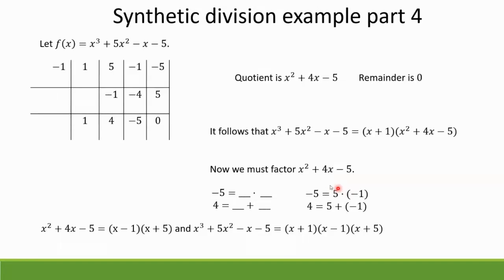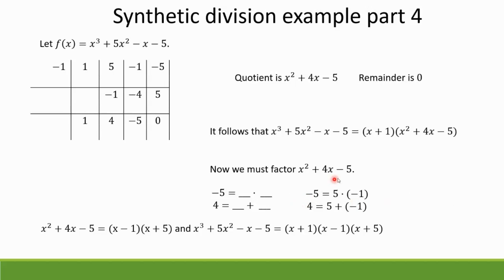So we have 5 and -1, right? So since this is positive, the bigger of the two terms here should be positive. Hope that makes sense. If it doesn't, that's okay.